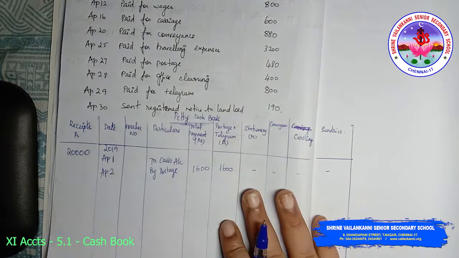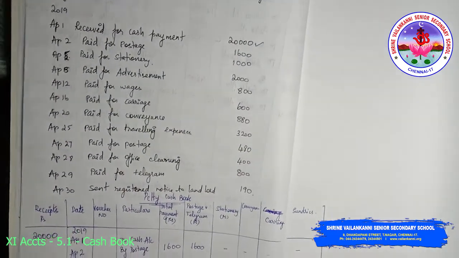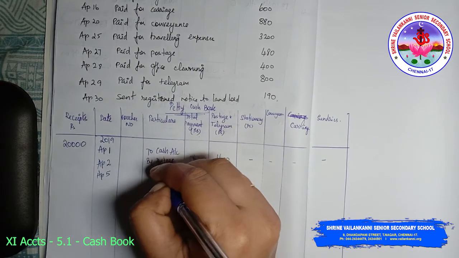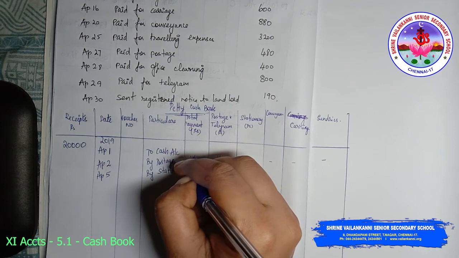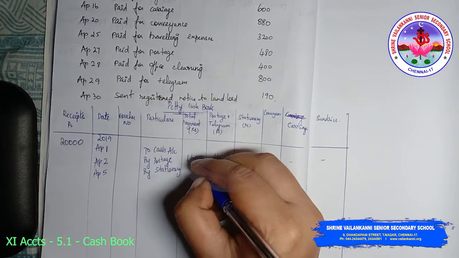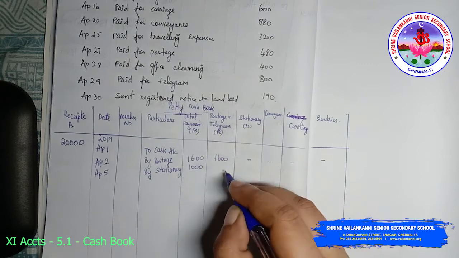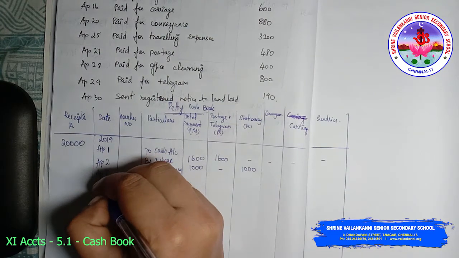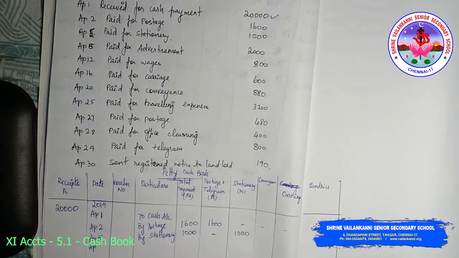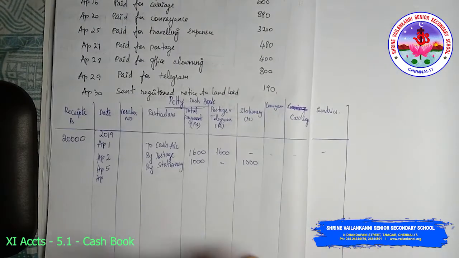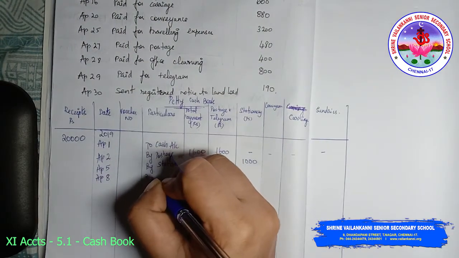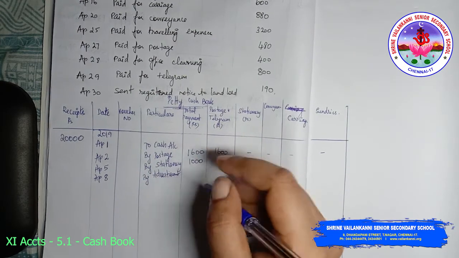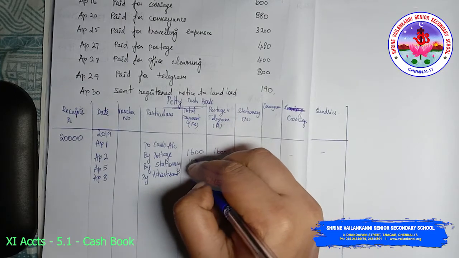The next one is paid for stationery 1000, April 5, by stationery, and across stationery you write 1000. It's very simple actually. April 8, paid for advertisement 2000, so April 8 by advertisement, 2000.